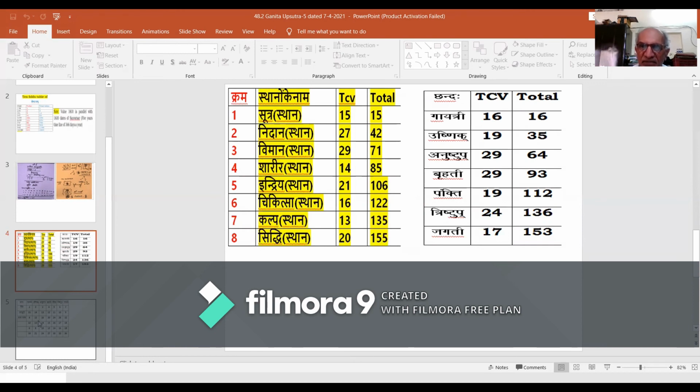It will be a blissful exercise to reach the TC values of the 8 sthanam of Charak Samhita as well as the value of the 7 meters of formulations.